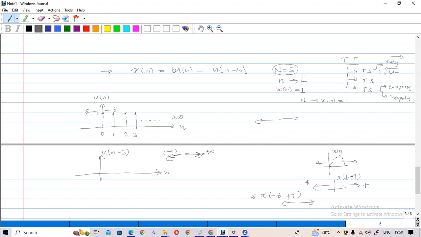If it is not time reversed and a minus value is there, your signal is shifting to this direction. If the plus value is there, your signal is shifting to this direction. But if you have a time reversed signal, minus 5 will shift in this direction, and plus 5 will shift in this direction. So you have two cases to keep in mind, okay?